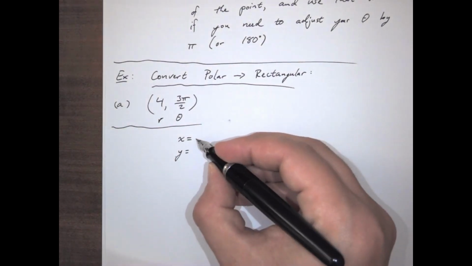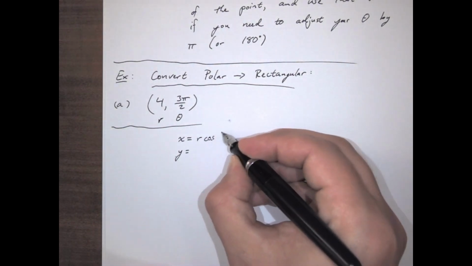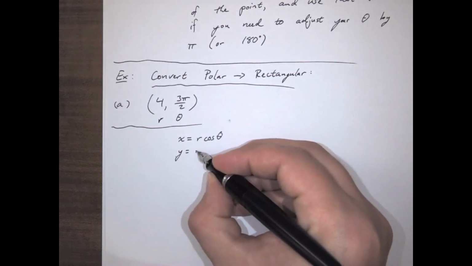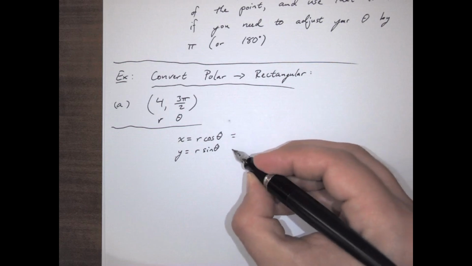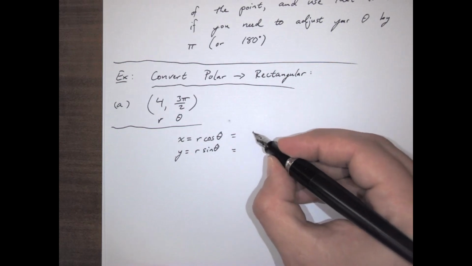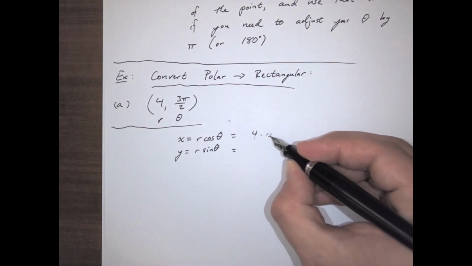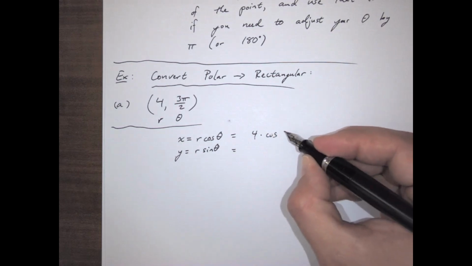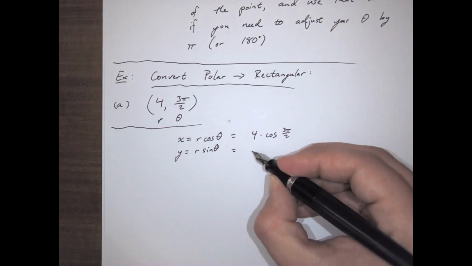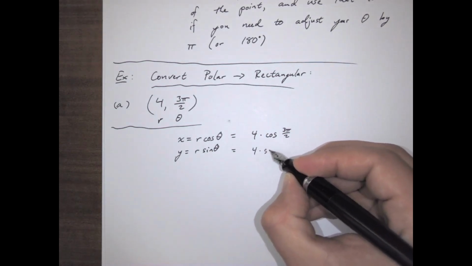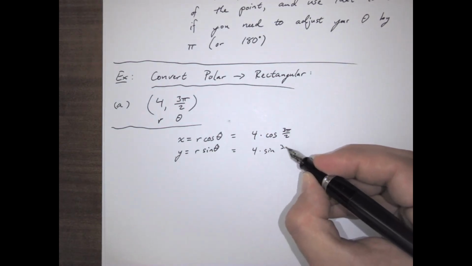So x is going to equal r cosine theta, y is going to equal r sine theta. We have both r and theta, so it's going to be 4 times cosine of 3 pi over 2, and 4 times sine of 3 pi over 2.